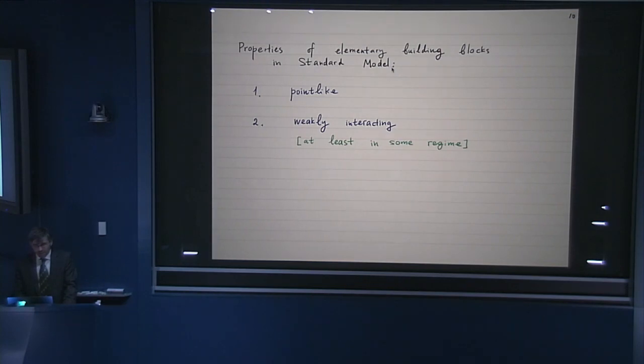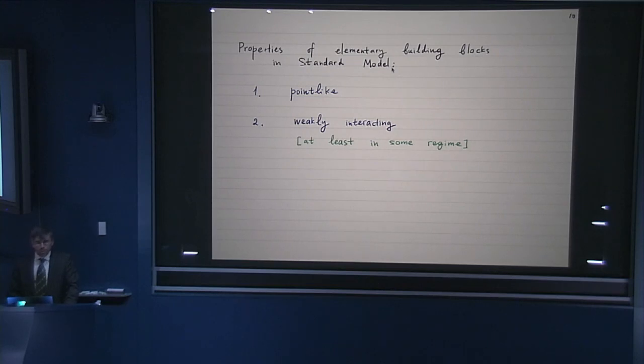So, elementary particles in the standard model have two properties. They are point-like, and they have interactions which are very feeble, very weak.